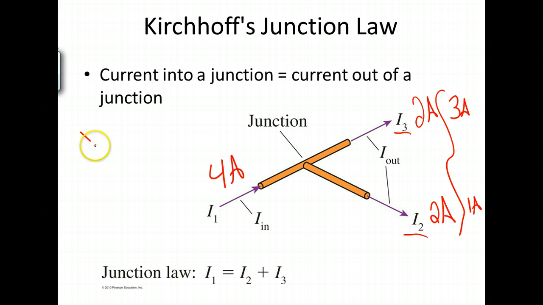If I have 2 amps of current and 8 amps of current flowing in, what comes out? 10 amps of current. This is something we've already talked about. We're just giving it a name now.